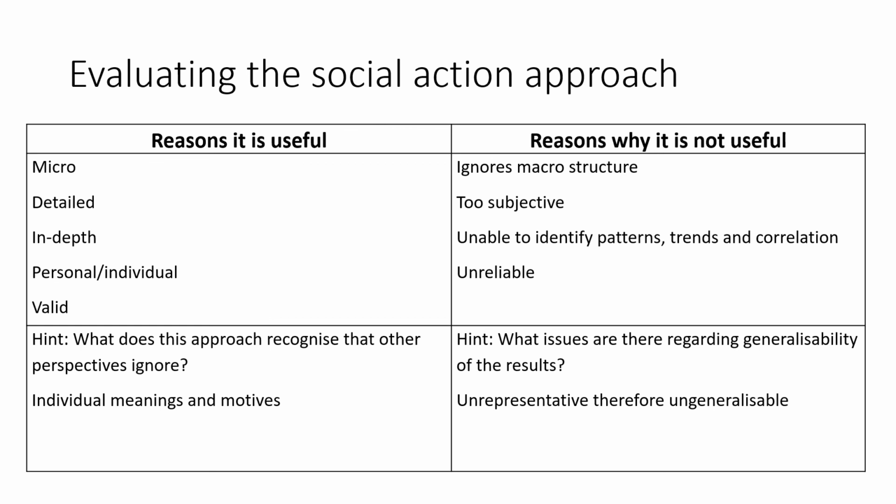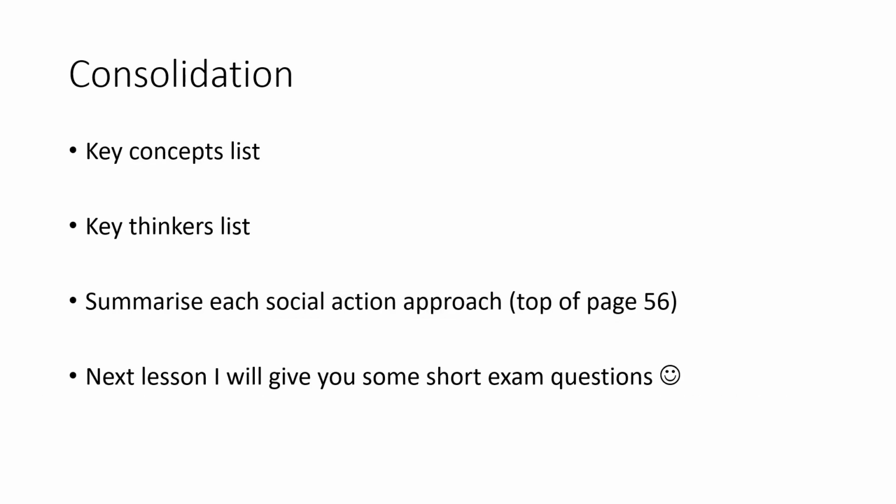However, a positivist or a more macro theorist might say, well, what's the point if you can't make generalizations to everyone in society? Social action theorists might respond by saying, we don't need to, we don't want to, we want to understand individuals. Positivists would say, well, that's stupid, and so on. So yes, that's what we're going to leave it as for today.